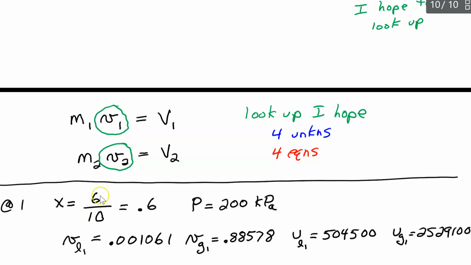At point 1, I know there's 6 kilograms of gas, and I know there's a total of 10 kilograms, so the quality is 0.6. I'm also given the pressure, so I'm going to look in the table for saturated, and I'm going to look up the liquid and the gas values for volume and U.